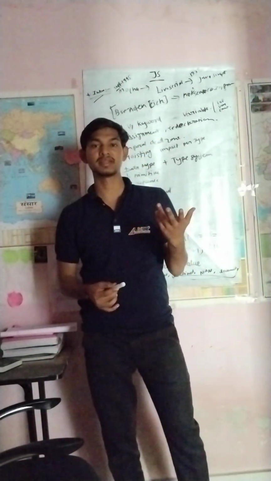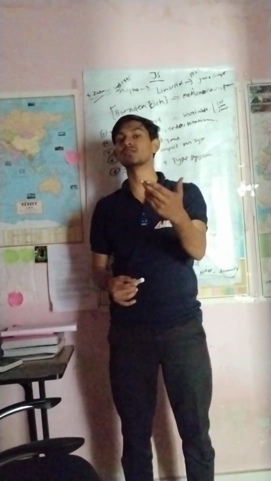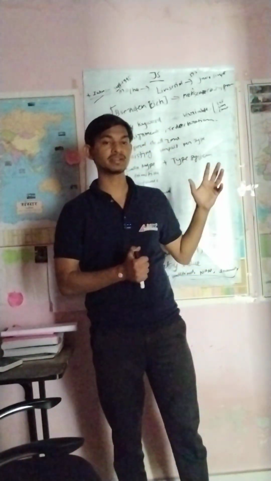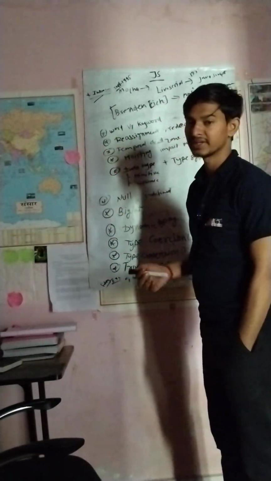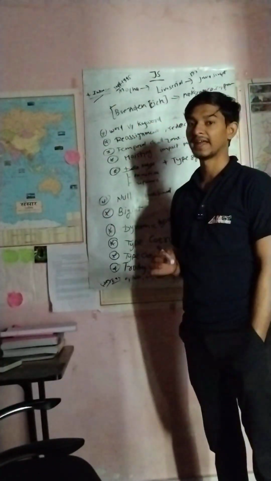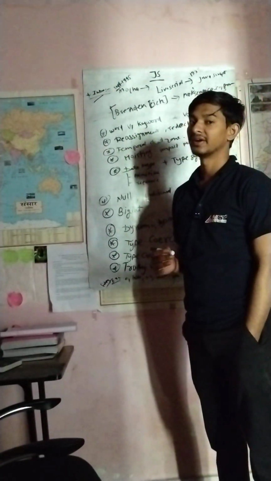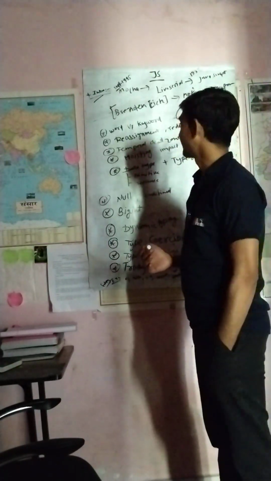Suppose I said something to you that only you know, that you know only what I want to convey to you, right? This is the main difference between word and keyword. It means a word's meaning is not defined and a keyword is defined. It has a meaning which is understood by the compiler, right?